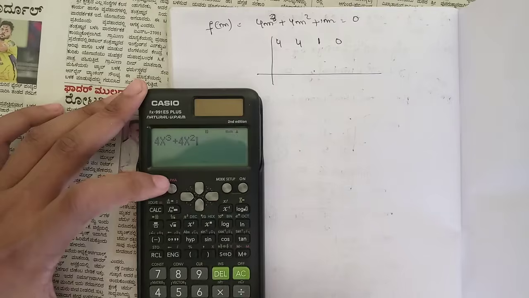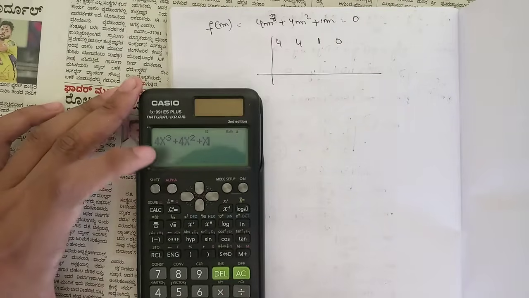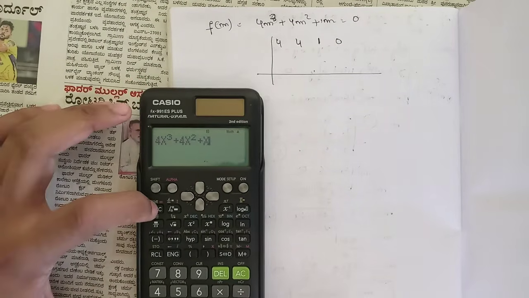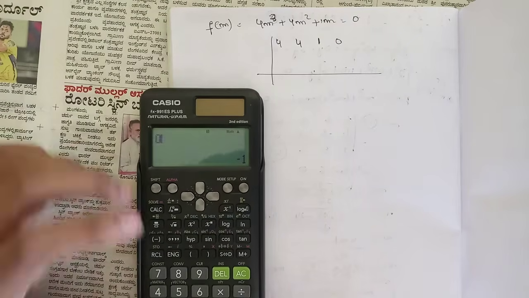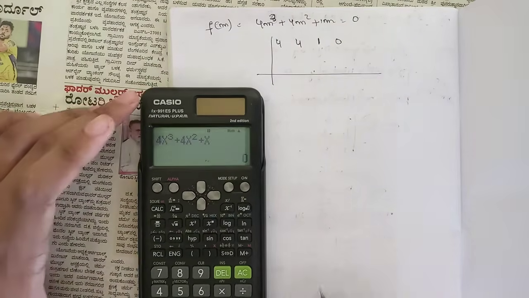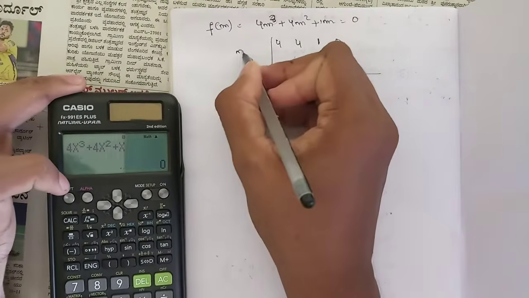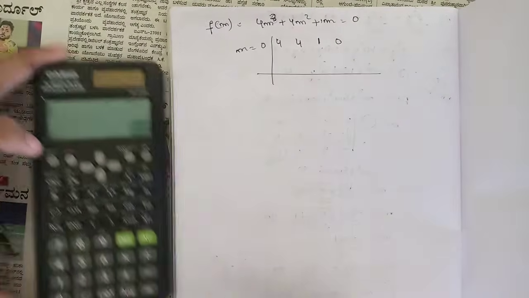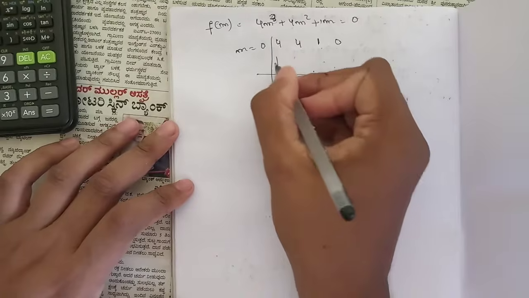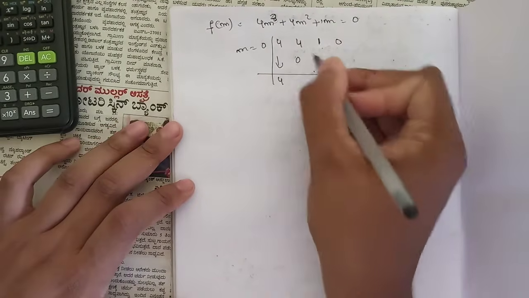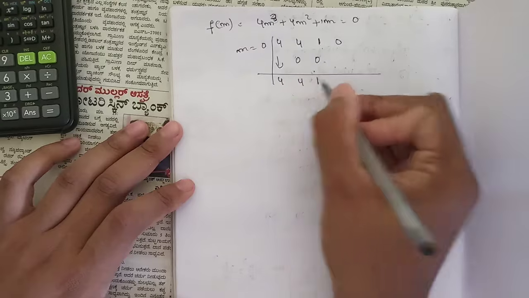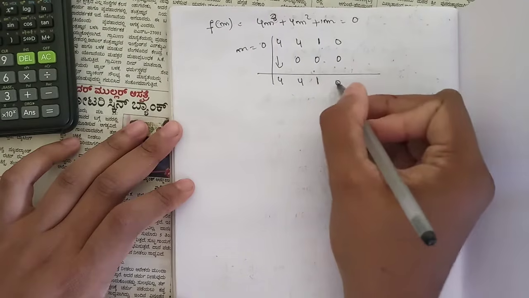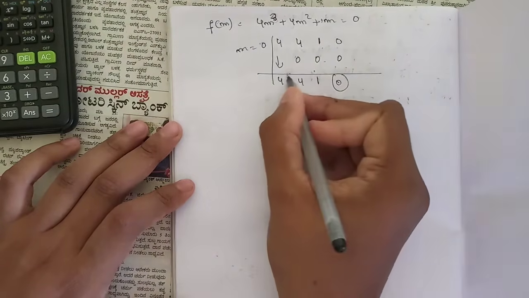Hit the calc button, it asks the value of x, put the first value of x as 0. See, the first root we got is m equal to 0. Now bring down the 4; 0 4s are 0, 4 plus 0 is 4, 0 4s are 0, 1 plus 0 is 1, 0 1s are 0. So we got these three terms.